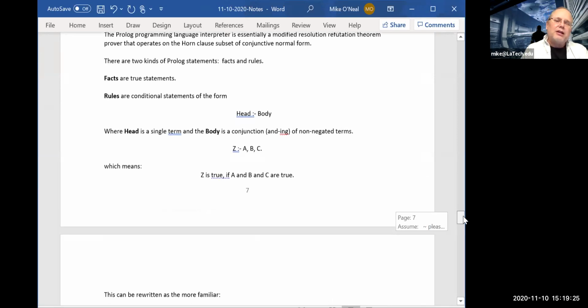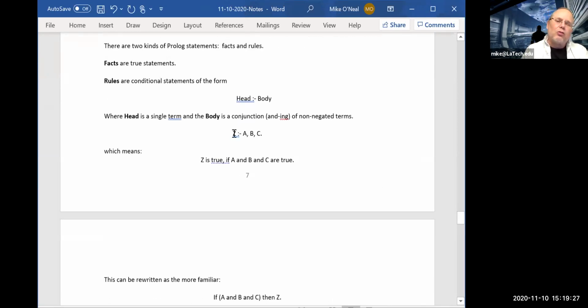What does that mean? It means that you can't have a Prolog statement that says Y or Z is true if A and B and C. You can't say that in Prolog.